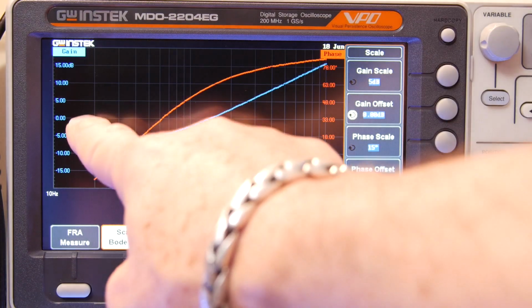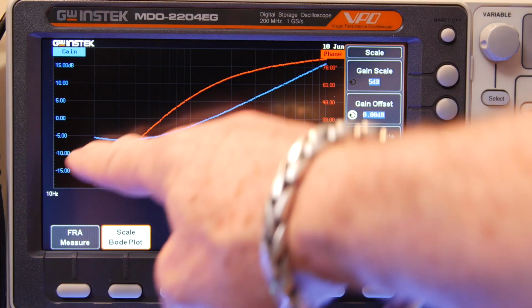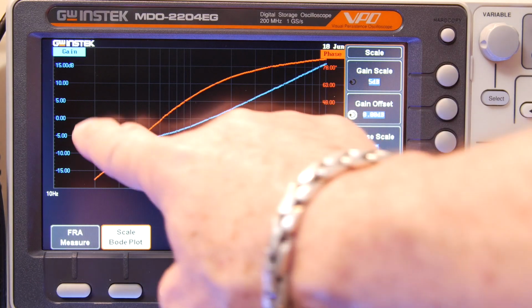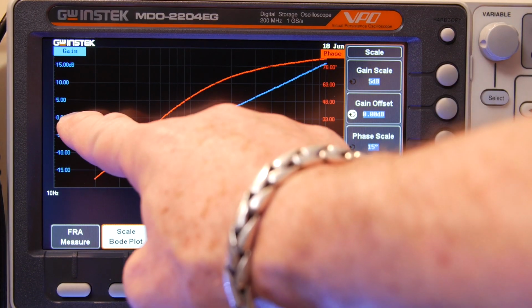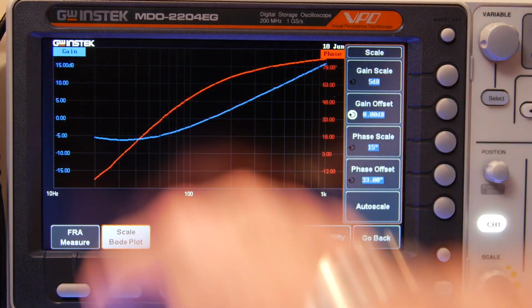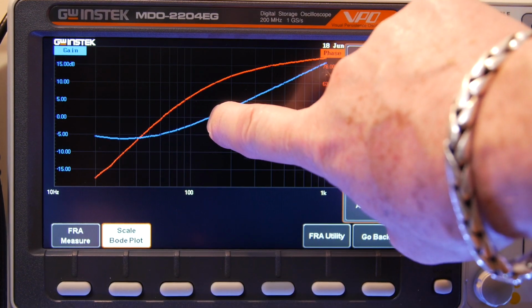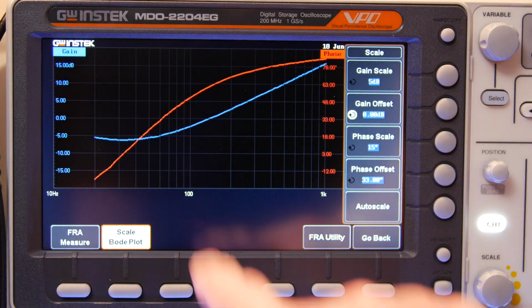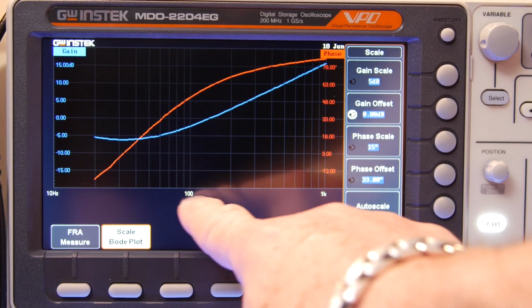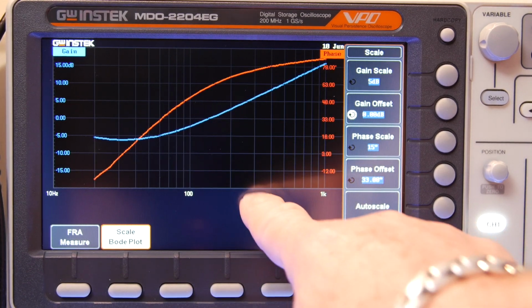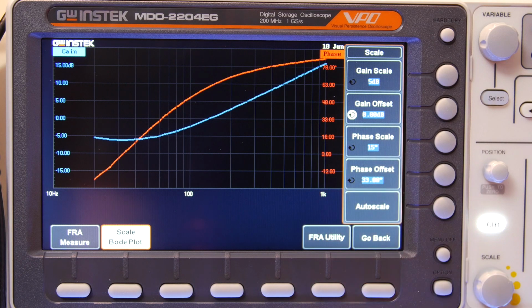There we go. So now we have a 0 dB. And the gain is 5 dB per division. Okay, so 0, -5, and +5 is up here. So you can see easily that we cross over right about there. And that's right in between 100 hertz, 200 hertz. And then it goes 300 hertz all the way up to 1K.